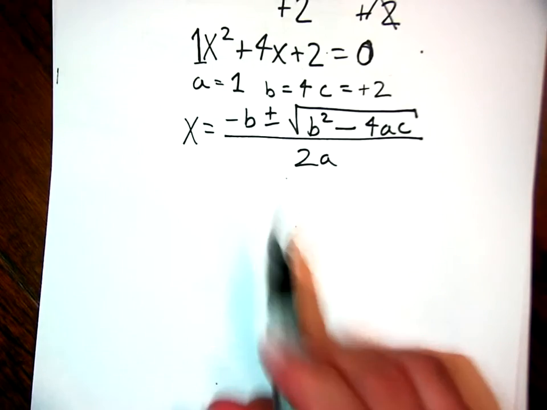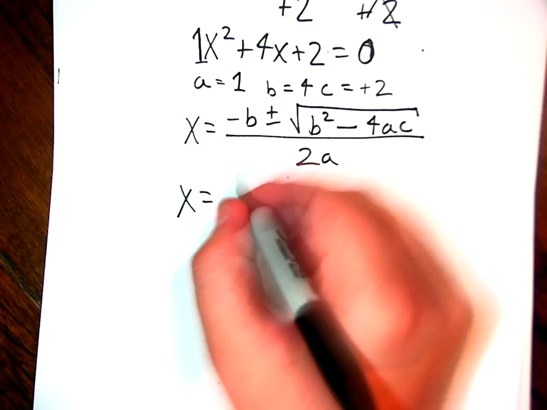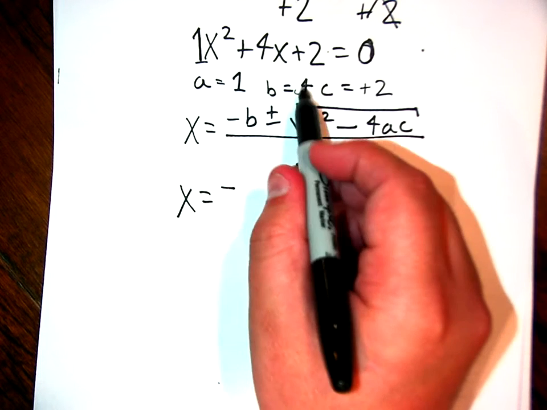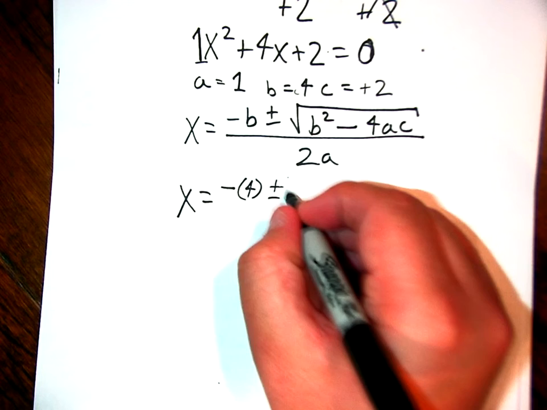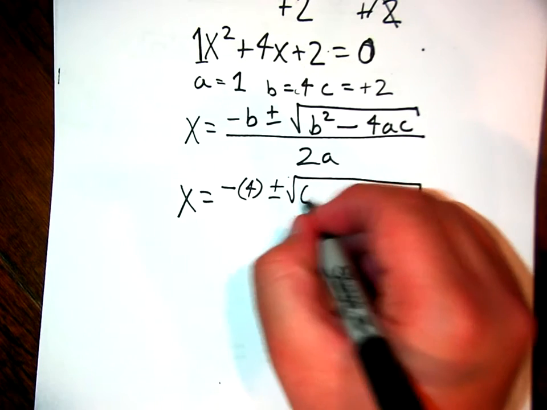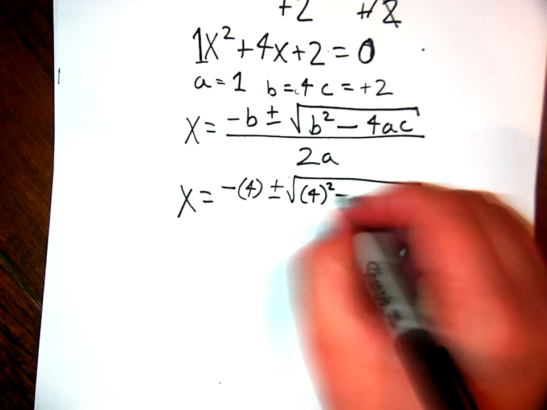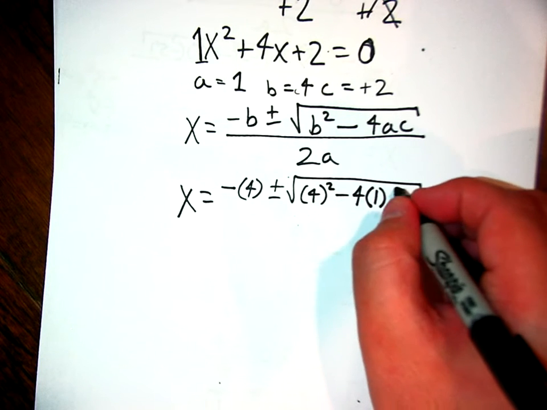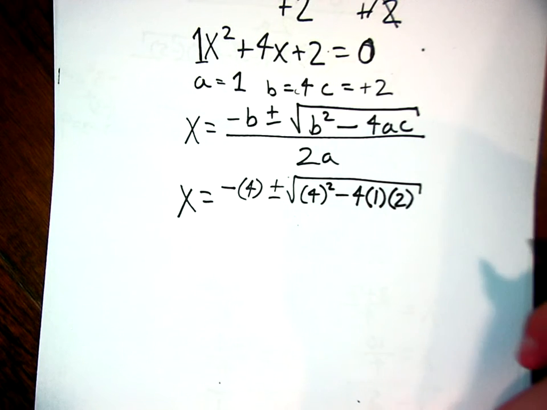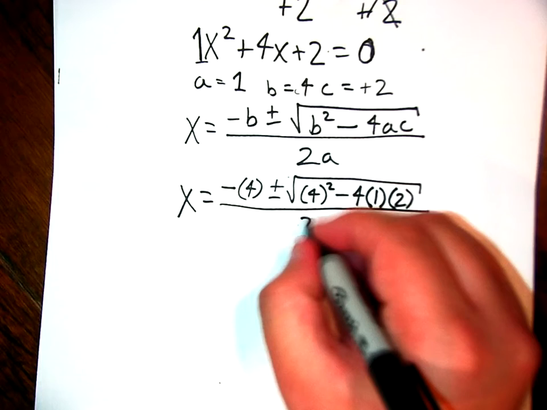X equals negative, our b term is going to be 4, plus or minus the square root of 4 squared minus 4. A is going to be 1 and c is going to be 2. All divided by 2 times a, 1.